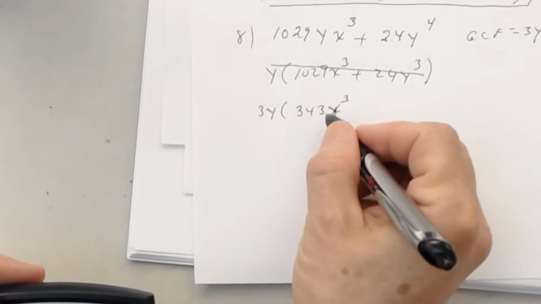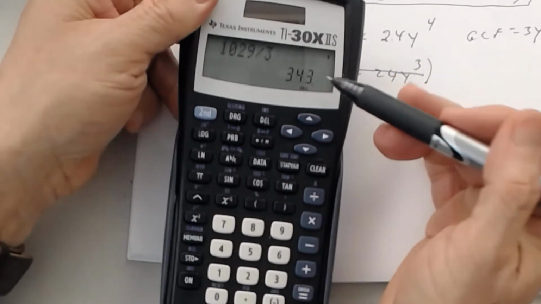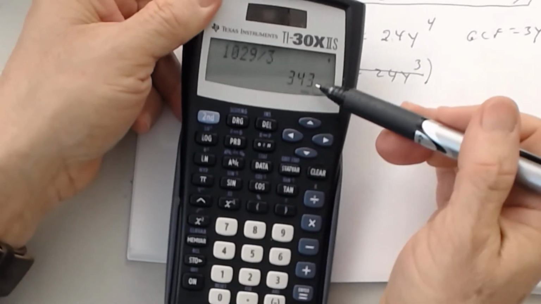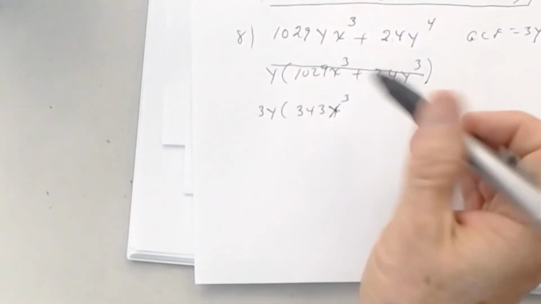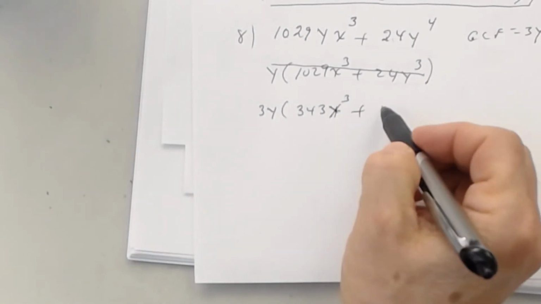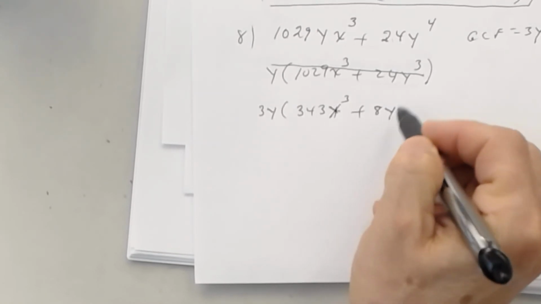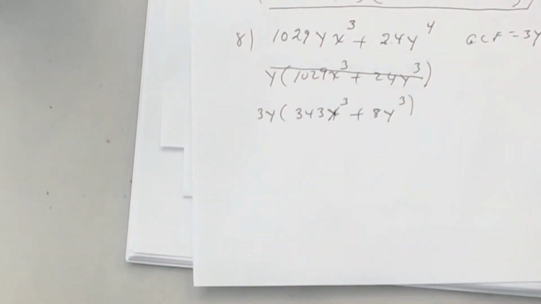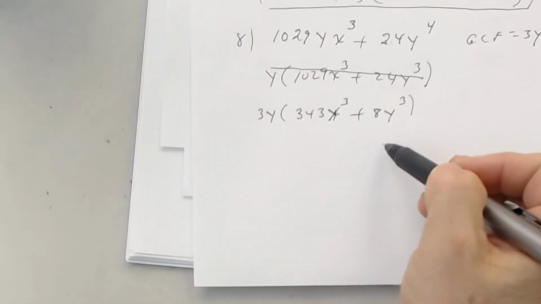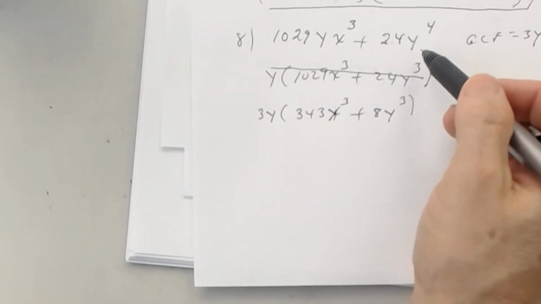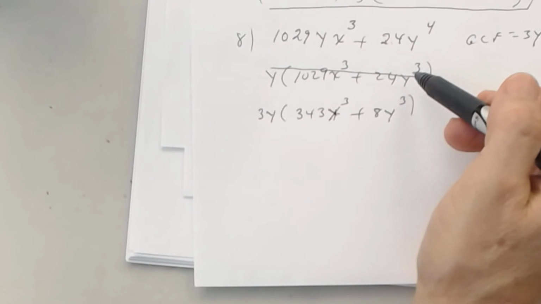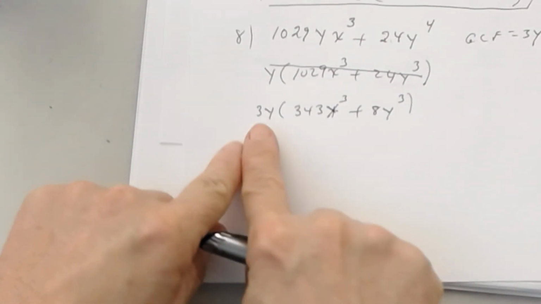Because 3 times 343. Remember, that's how we get 343 right here, right? 343x cubed plus, and then what does this become though? 8 what? y cubed. Good. Because 3y times 8y cubed is 24y to the 4th. Y'all see that? Okay.